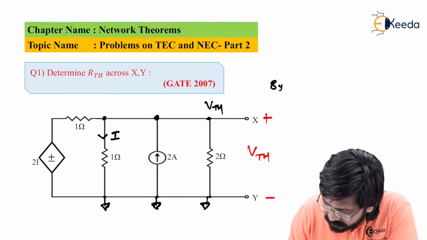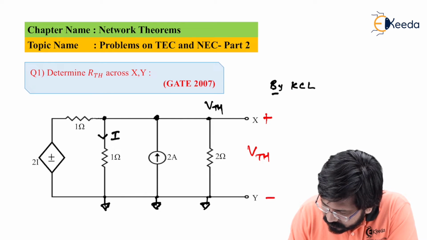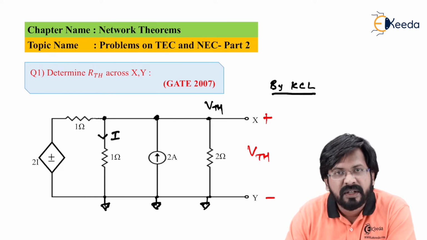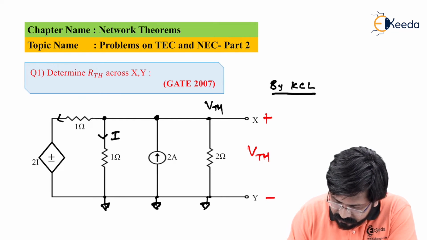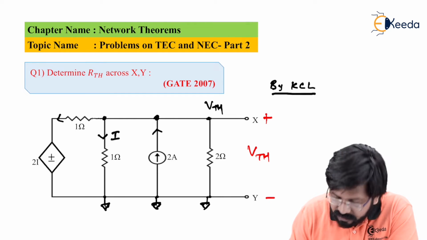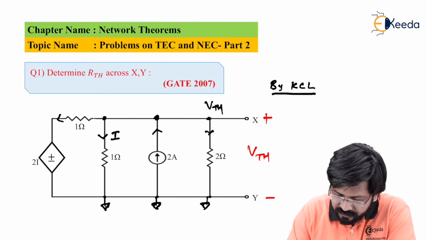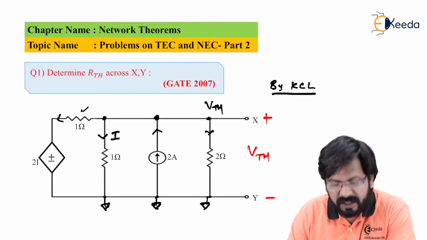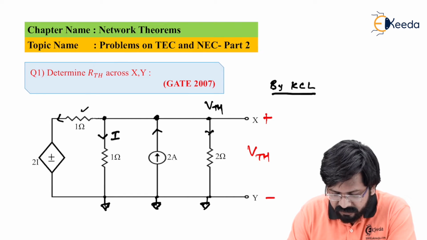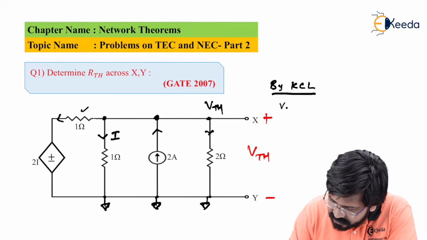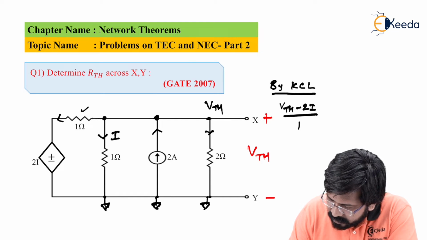So by KCL, what do we get? We'll take all currents as outgoing except the current sources. The first current, flowing through the 1 ohm resistance, will be VTH minus 2I divided by 1.